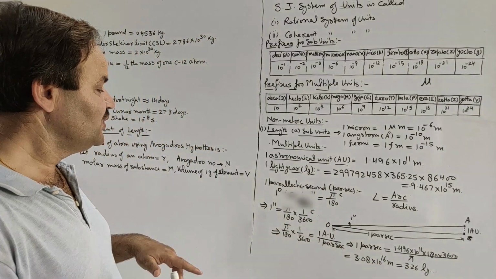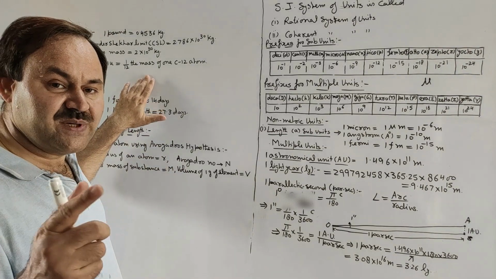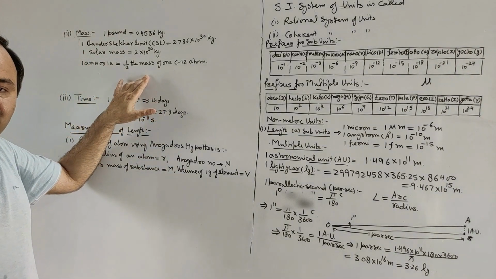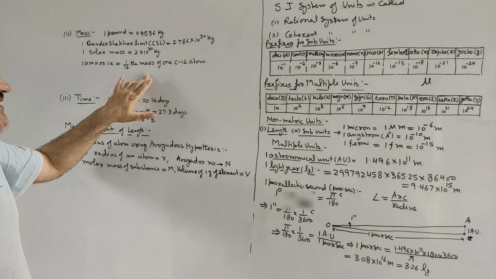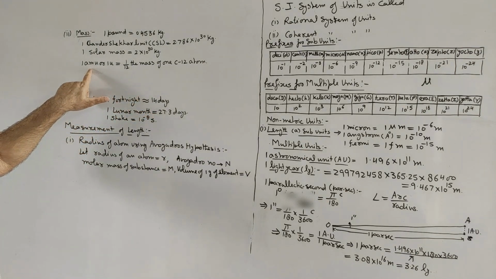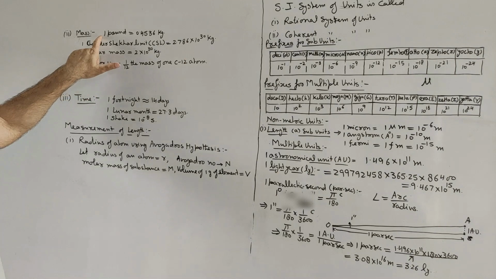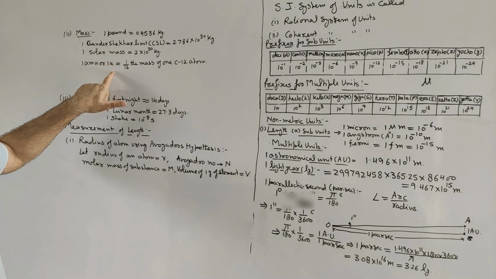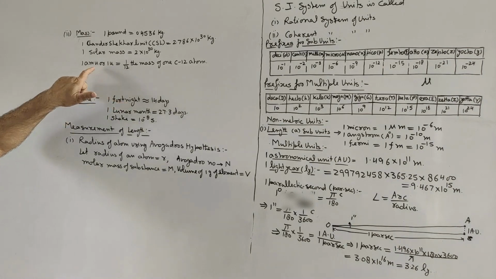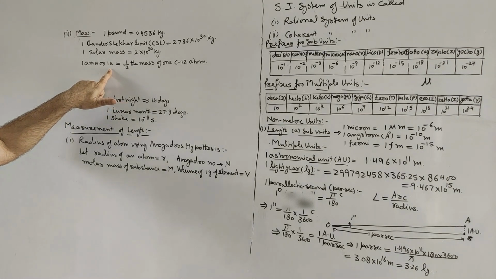Now we come to the non-metric units of mass. Among these are the pound and 1 AMU, that is 1 atomic mass unit. 1 AMU or 1 U, because it is the unified atomic mass unit, so sometimes it is represented by U also. So AMU or U both are the same thing.